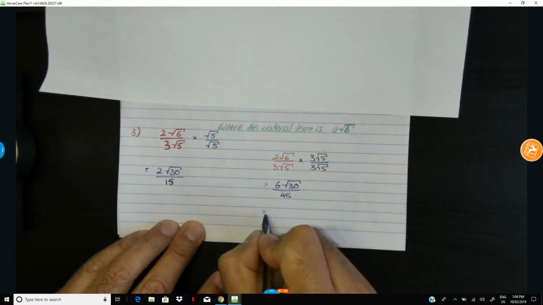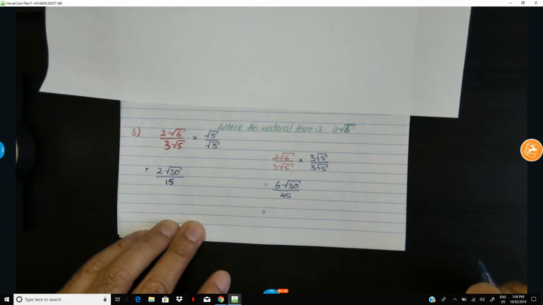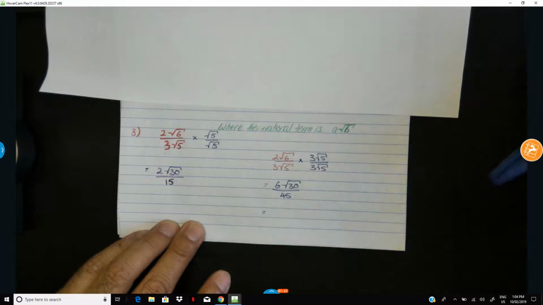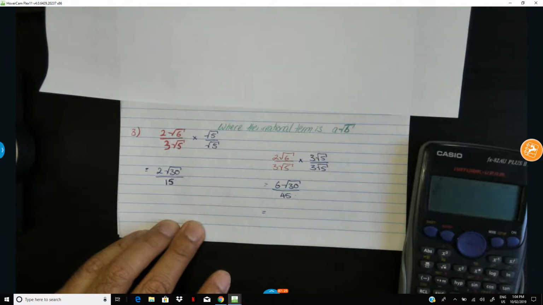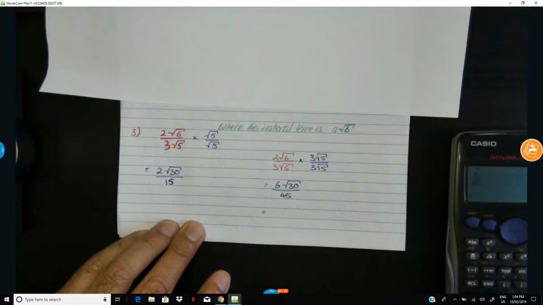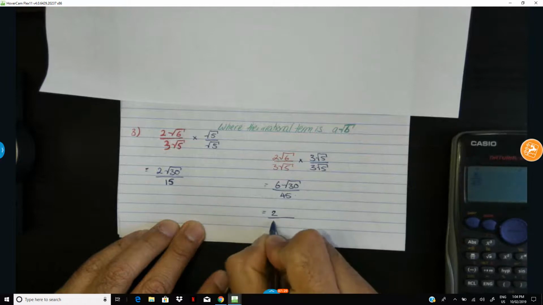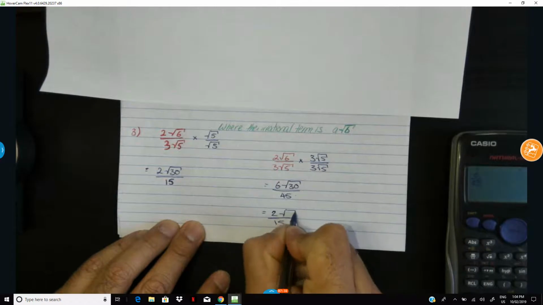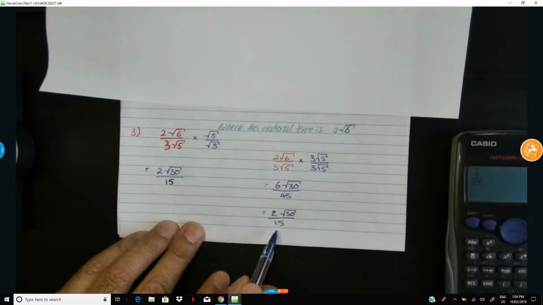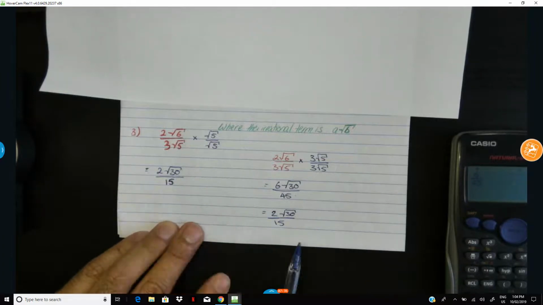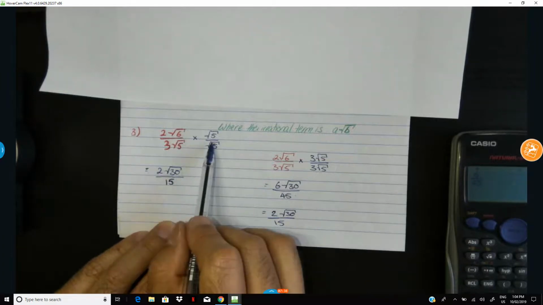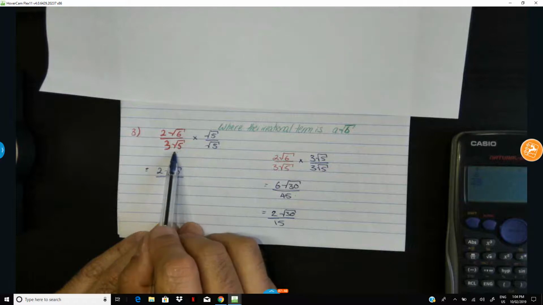We can simplify that by taking out 3: 6 over 45 is 2 over 15, and that's still square root 30. So you still come down to the same solution, but it's just a lot faster by multiplying it just by the square root part.